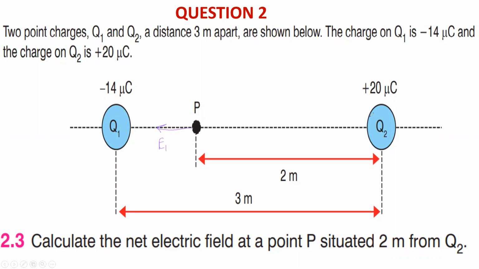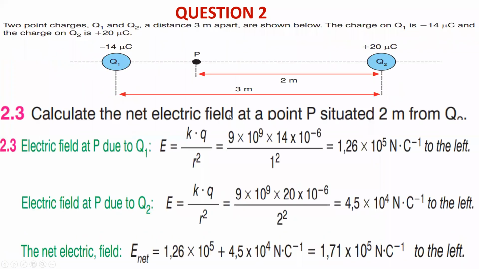And then positive, it is positive 20, so also to the left, because it repels. So E1 and E2, same direction. If you have the same direction, what's going to happen? You are going to add them. So we are going to calculate E1 and E2 and add them because they have the same direction.